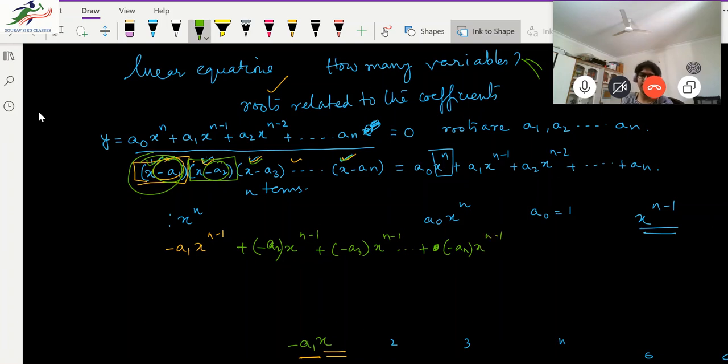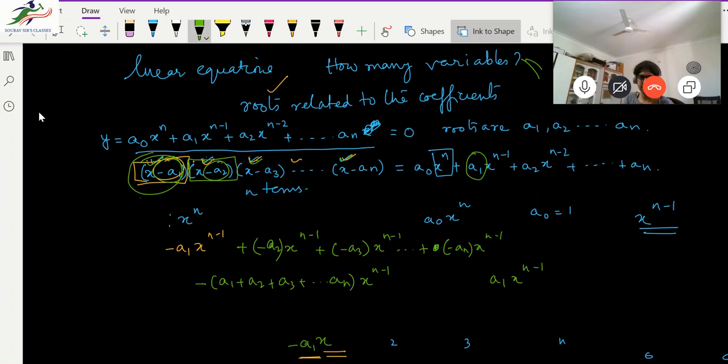And on this side, I have a1 as the coefficient of x to the power n minus 1, right? So therefore, it is minus of a1 plus a2 plus a3 all the way up to an, x to the power n minus 1 is equal to a1 x to the power n minus 1, right?